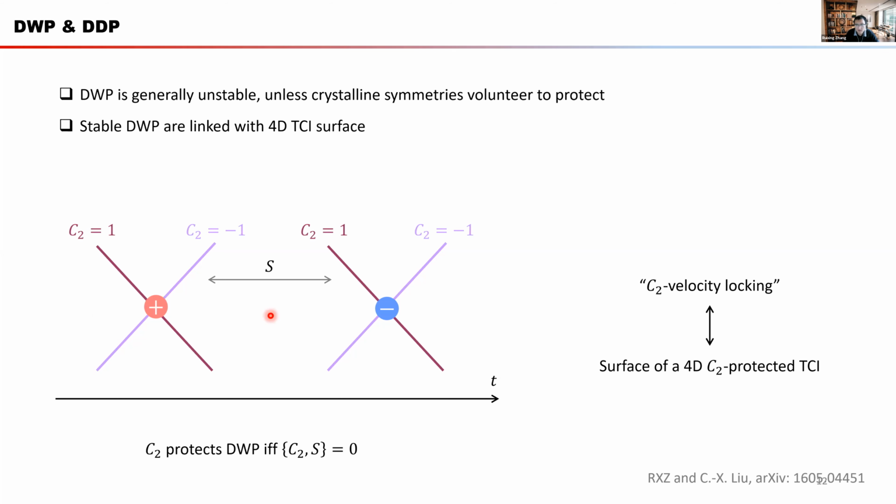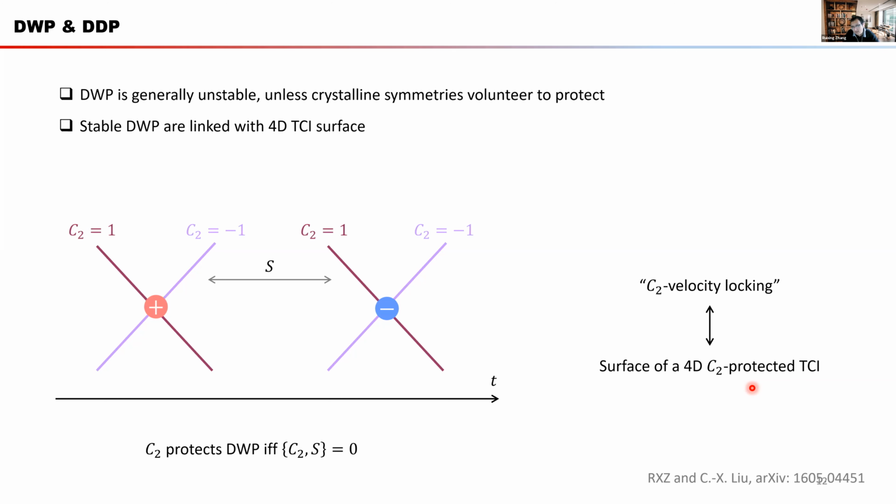On the other hand, this locking between symmetry eigenvalue and velocity is highly unusual in a static system. In fact, you can show that Weyl nodes with this kind of dispersion relation can only occur on the surface of a four-dimensional topological crystalline insulator. It cannot be achieved in any of the Weyl semimetals we know in static solids.